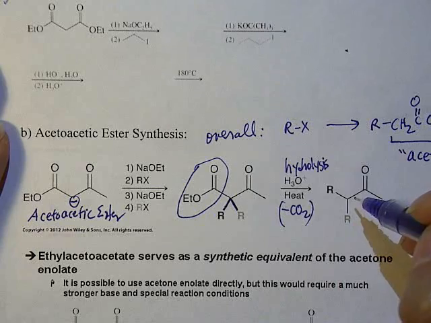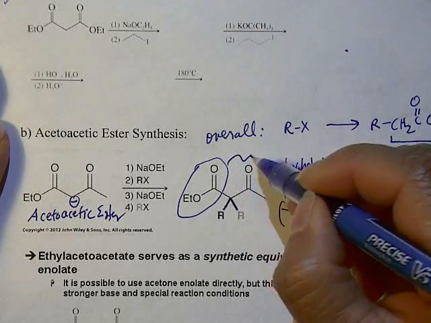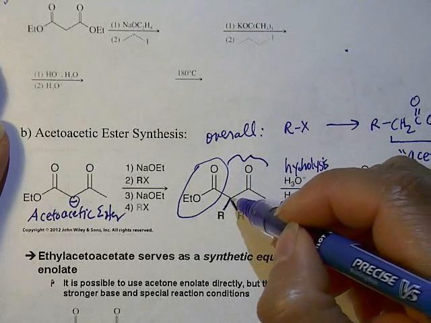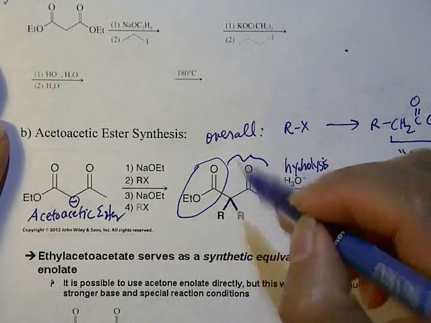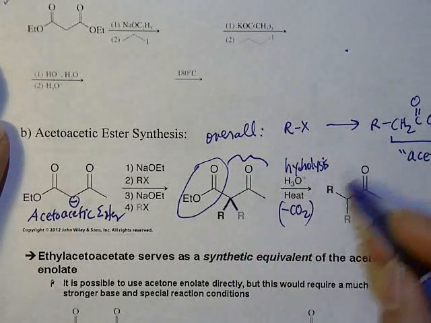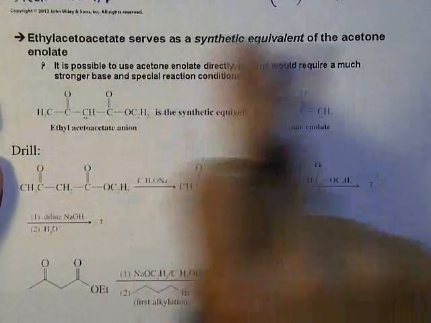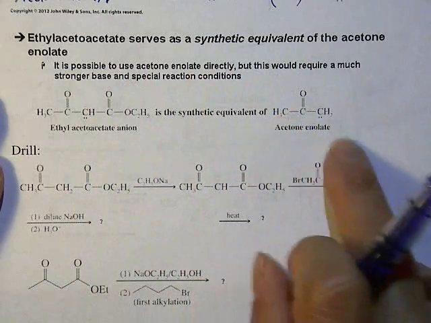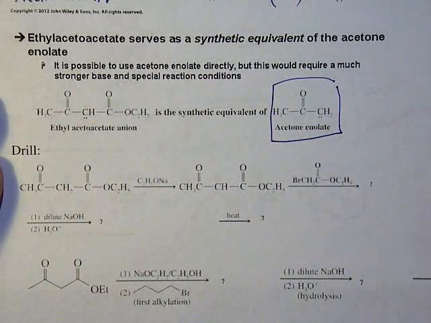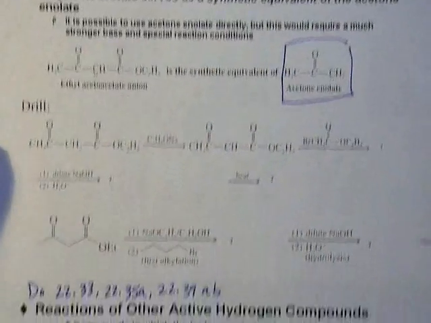What you have remaining is this part right here, the CH3 double bond O with the carbon with the R groups attached, and that would be the final product. This is just reiterating that this is the equivalent that you're putting on.